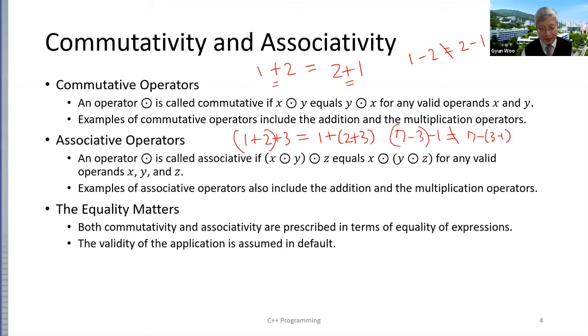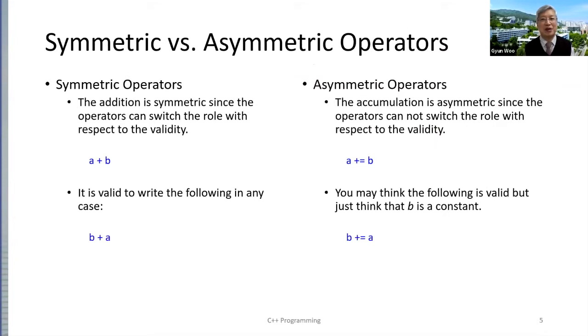But symmetric is different. It prescribes the validity. For symmetric operators, if it is valid to write a plus b, it is also valid to write b plus a. You know that this is always true.